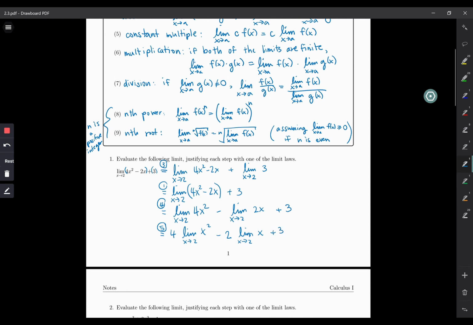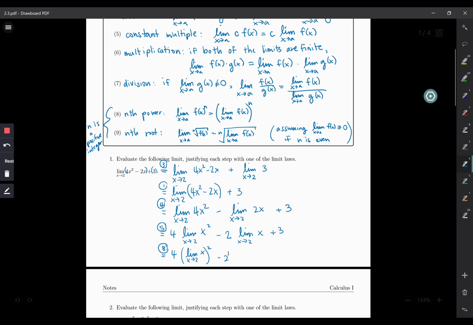Now we're almost there. This is x to the power 2. So if I use the nth power limit law, number 8, I can write this as the limit as x goes to 2 of x, to the power 2.